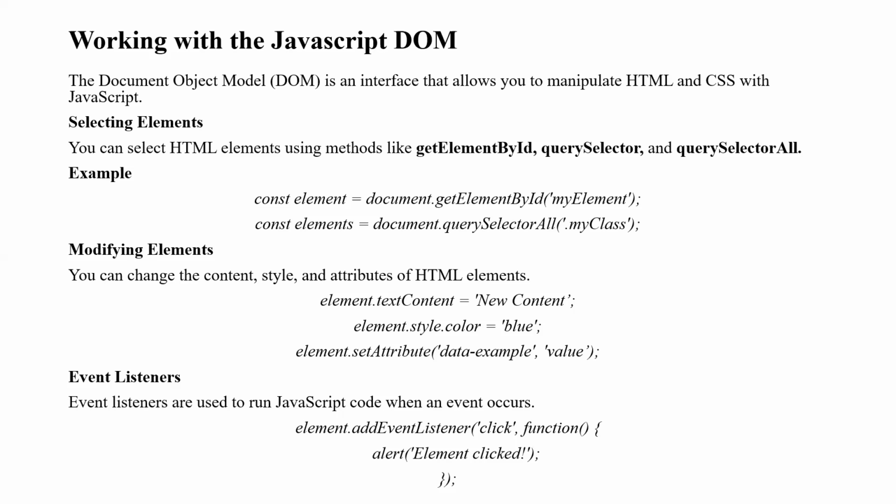So under this we have selecting an element. We are getting the ID of a particular element. If you remember, I explained giving a particular section of your HTML an ID, like a form: ID name, ID address, ID phone number.